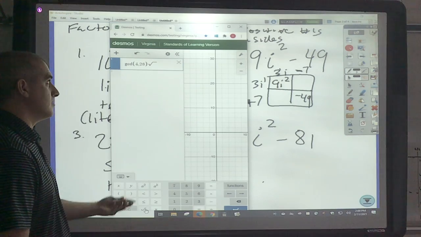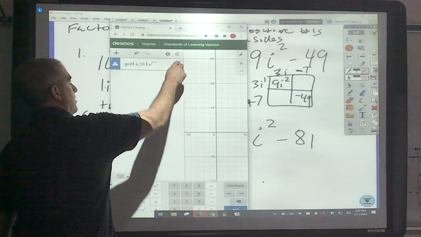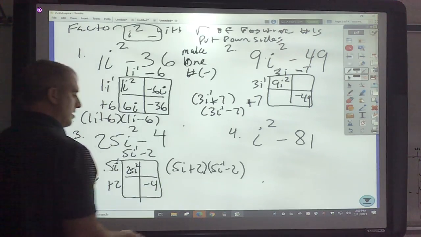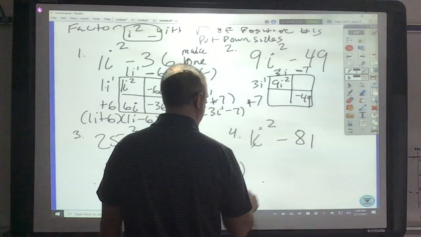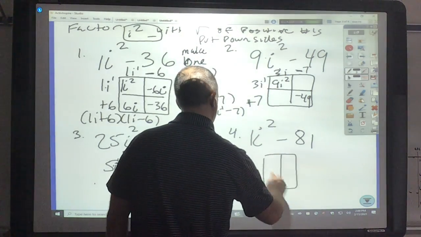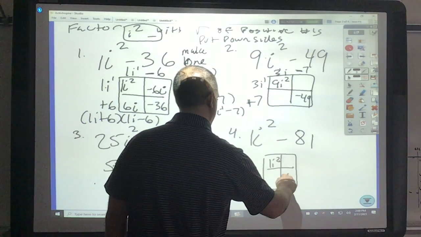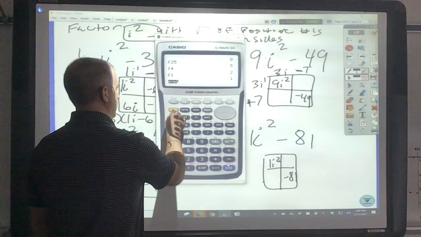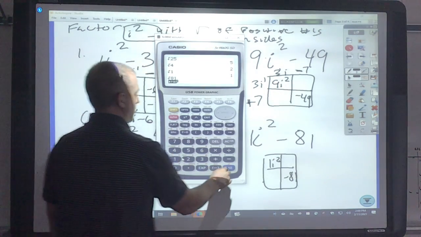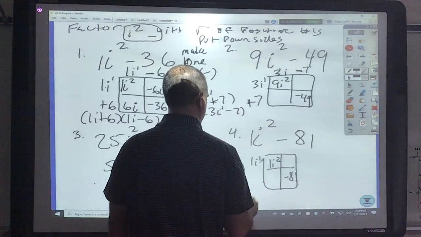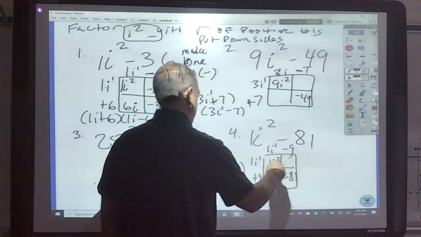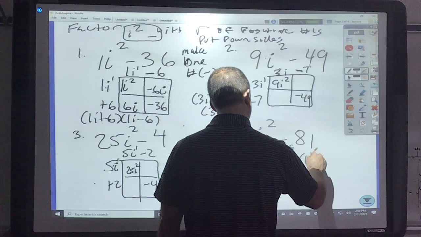So you can just use the square root. Not overly complicated. This one, there's a 1 there. 1I squared minus 81, square root of 1, square root of 81. It's going to be 1I to the first plus 9, 1I to the first minus 9. So those end up being the factors.